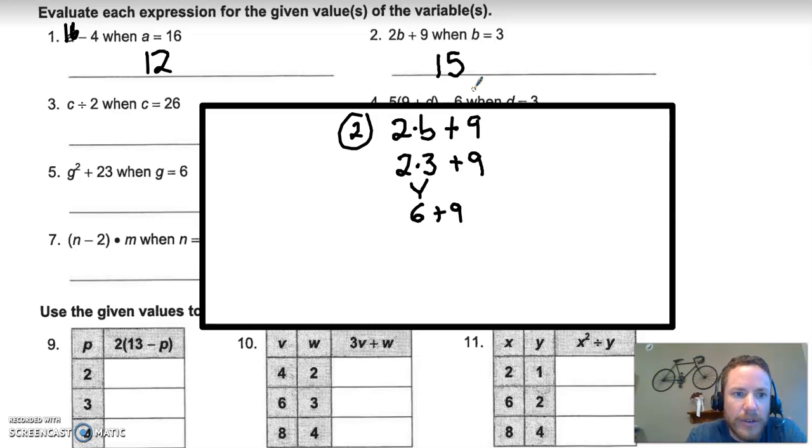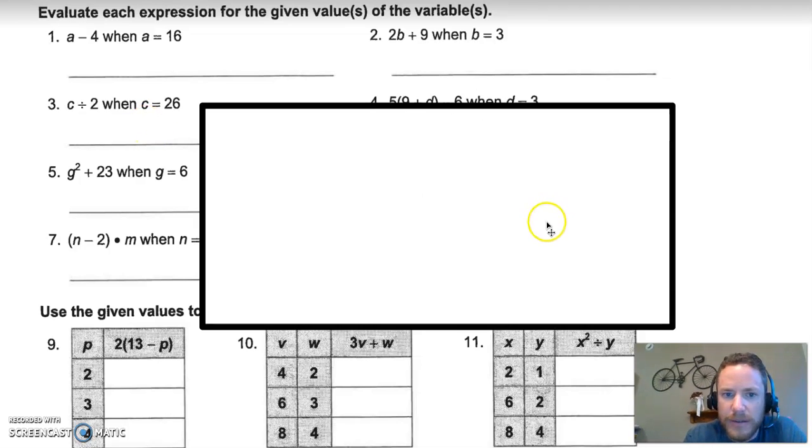Number 3 is another somewhat simple single-step problem where it says c divided by 2. And then it says c is equal to 26, so I can just take the c out and replace it with 26. 26 divided by 2 is 13.